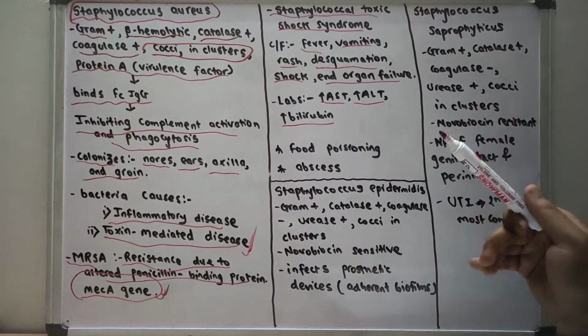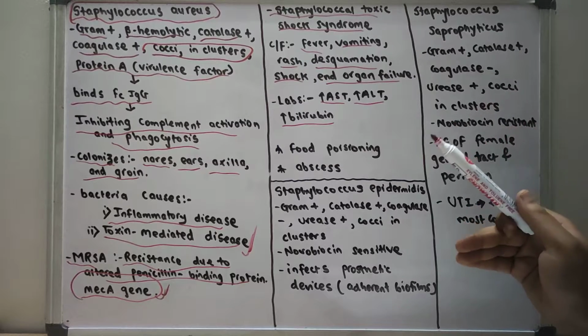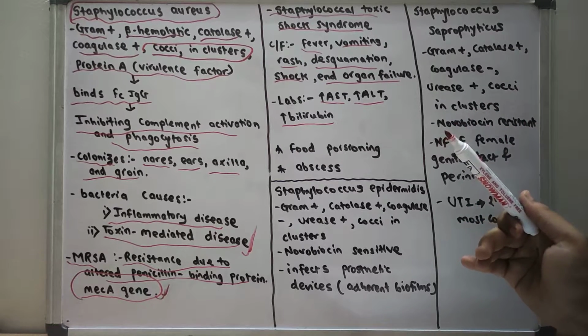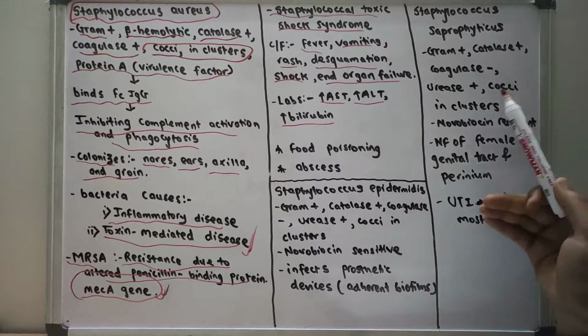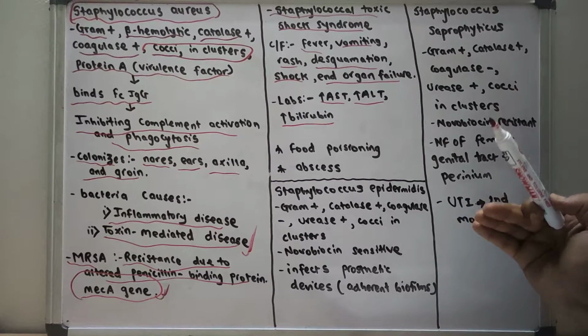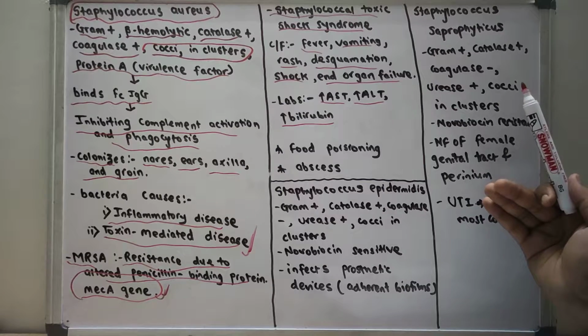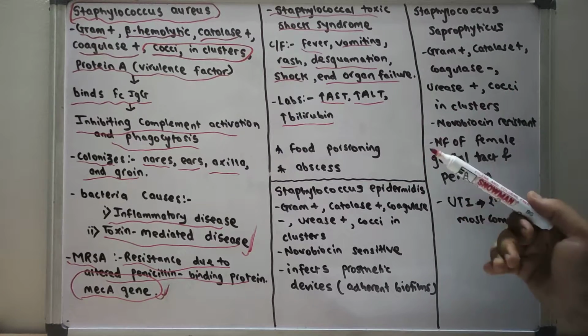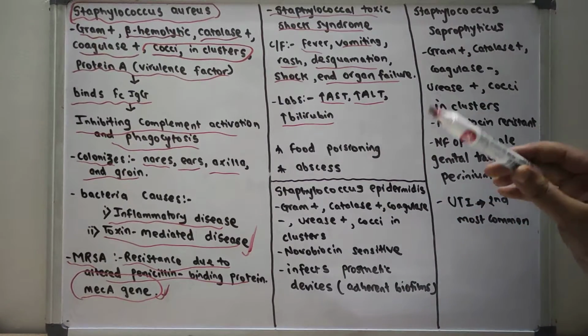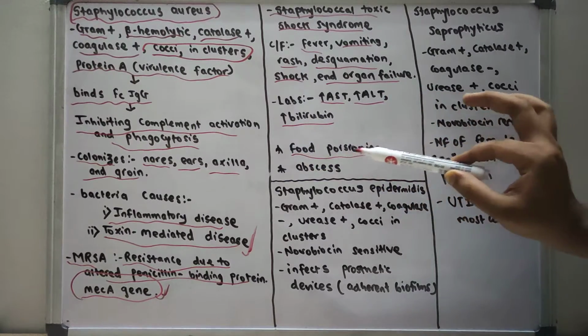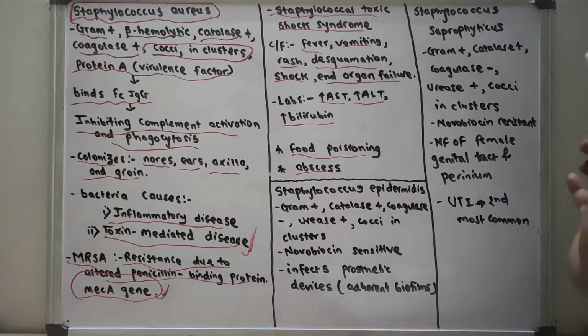It is associated with the prolonged use of vaginal tampons or nasal packing. Compare this with Streptococcus pyogenes toxic shock-like syndrome, which is associated with painful skin infection. Now let us discuss the food poisoning and abscesses caused by this bacteria.